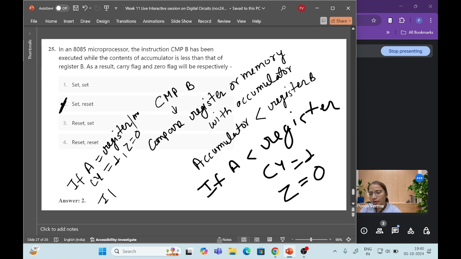And if A is greater than the register or memory, both carry and zero flags are 0. But here it is given that the accumulator is less than register B, so the carry flag will be set to 1 and the zero flag will be 0. So that's why option B is the correct answer for this question.